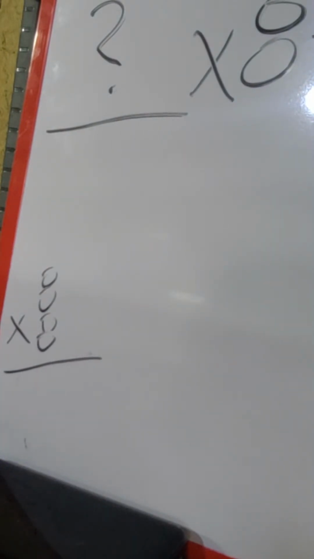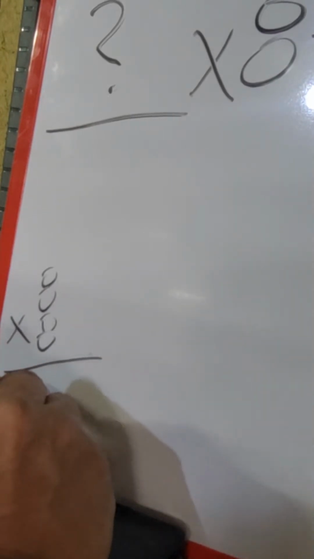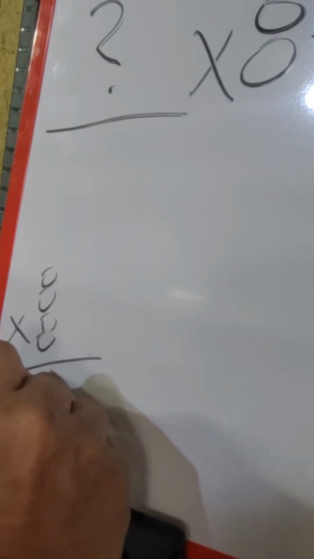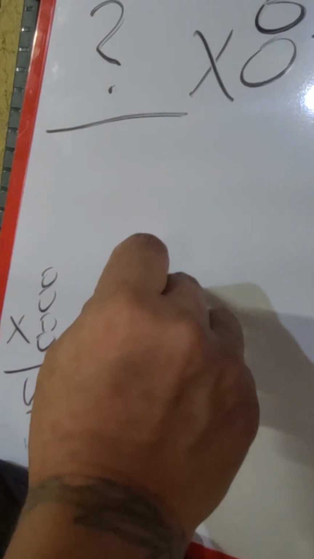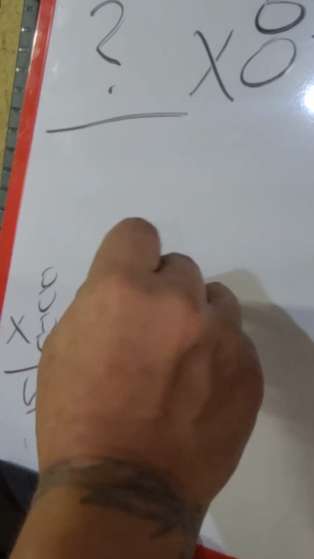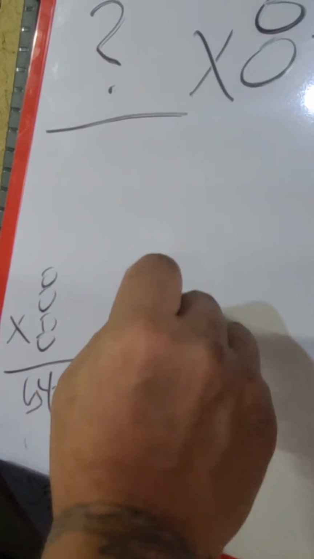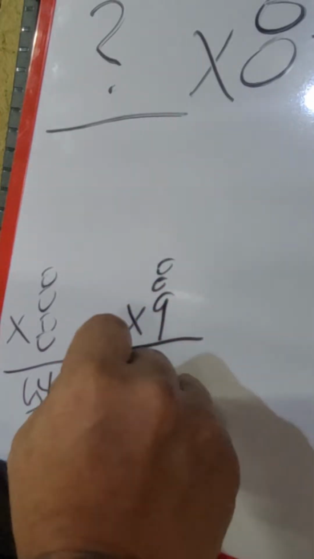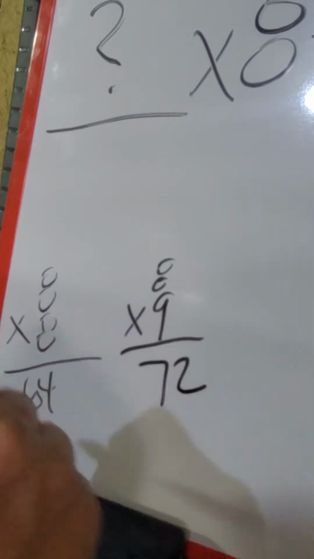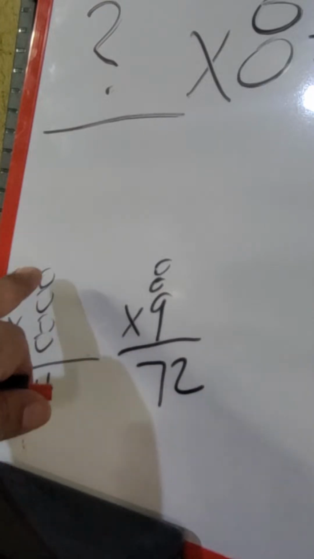So what is it? 64. I'll tell you the answer now. 8 times 8 is 64. 8 times 9 equals 72. There you go. But it's okay though, because you saw it. You have to multiply it.